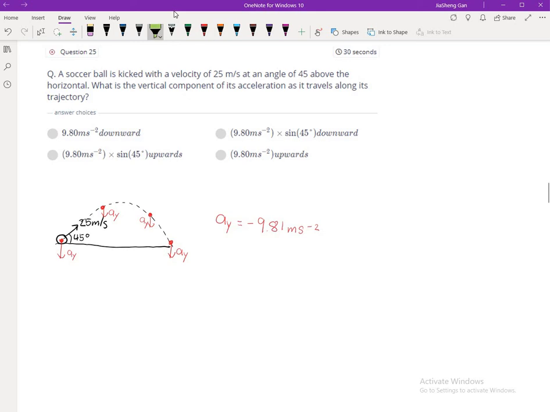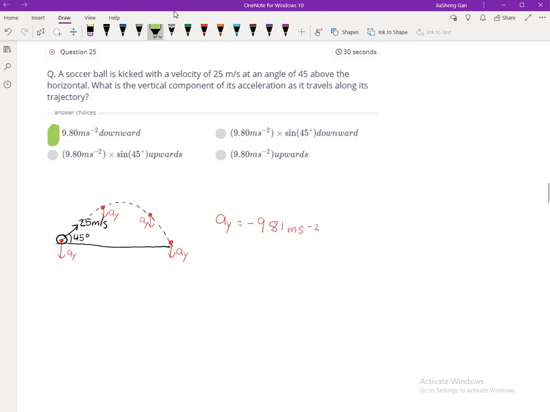That's why the answer will be this. There's no resolving into components here. ay will always be negative 9.81. The 9.81 is because of gravity, and negative is because it's pointing downwards.